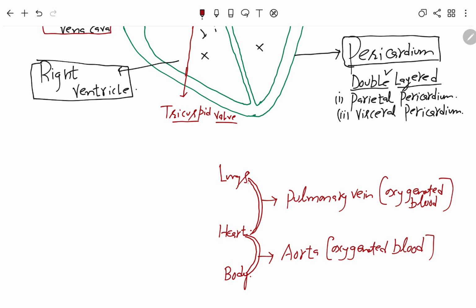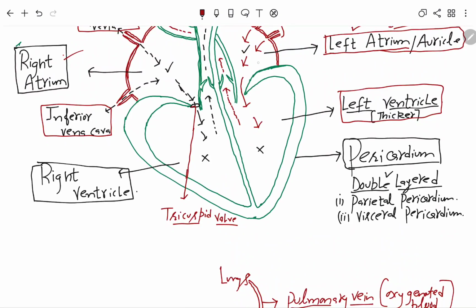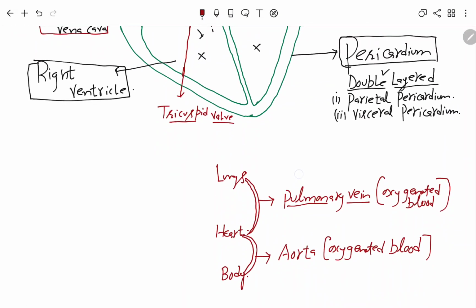Oxygenated blood was brought from the lungs by the pulmonary vein, dropped into the heart's upper chamber, then it will go to the lower chamber. From the lower chamber it will go through the aorta to the body. Got my point? From the body, this blood will become deoxygenated. It will be brought back to the heart by the vena cavas. The vena cavas are two, superior and inferior.